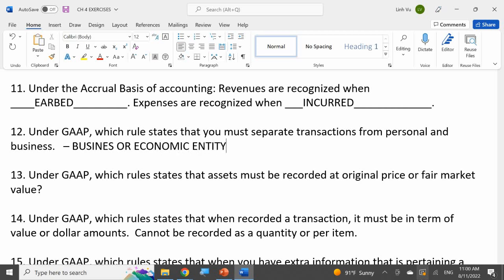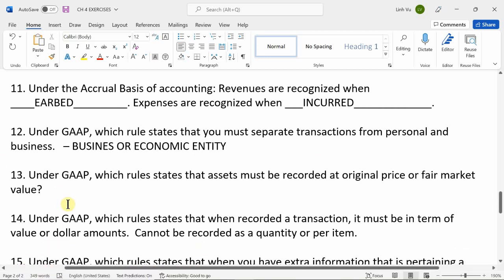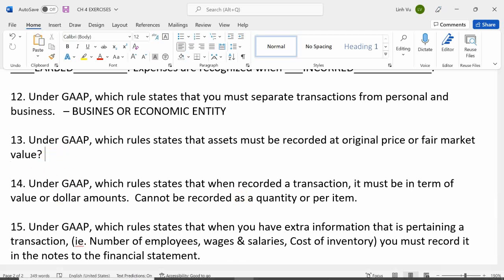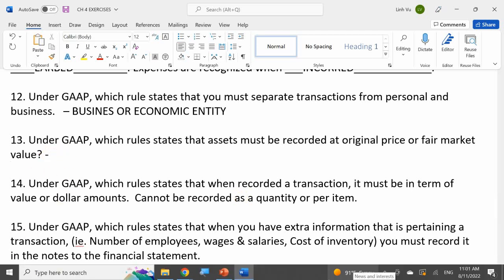Okay. Number 13, under GAAP, which rule states that assets must be recorded at original price or fair market value? Which rule states that one? Monetary?